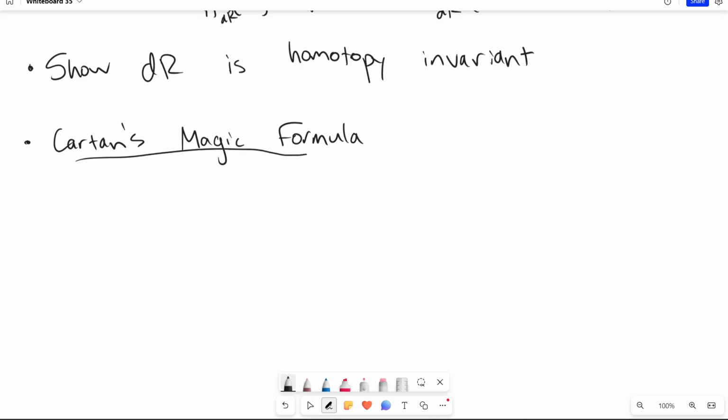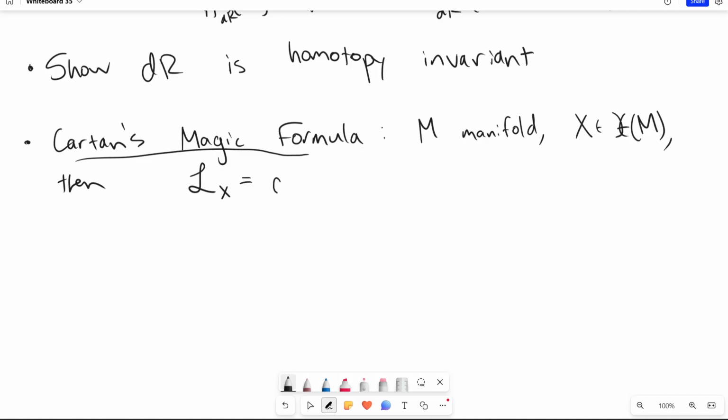Cartan's magic formula tells us that whenever we have a manifold M and X a vector field on M, then the Lie derivative with respect to X is equal to the exterior derivative of the interior multiplication by X plus interior multiplication of the exterior derivative.